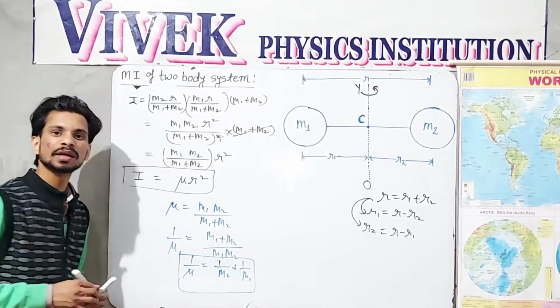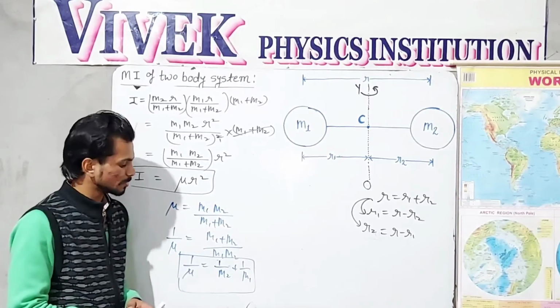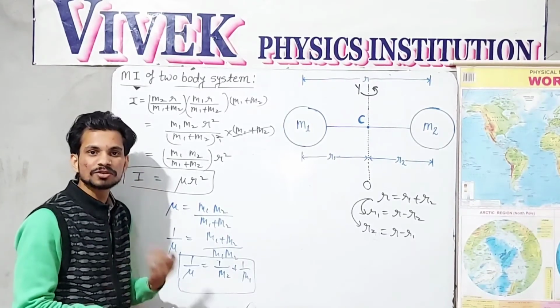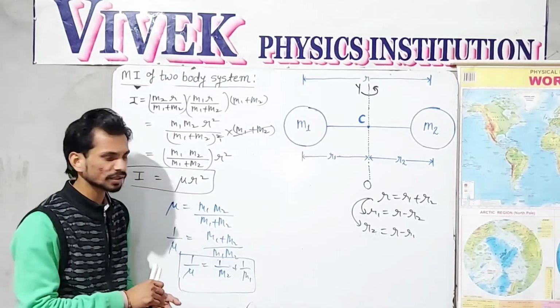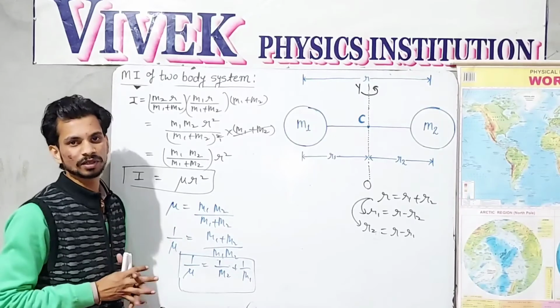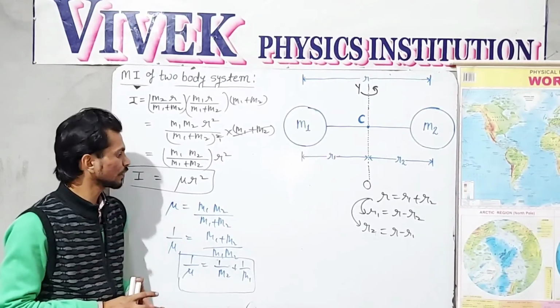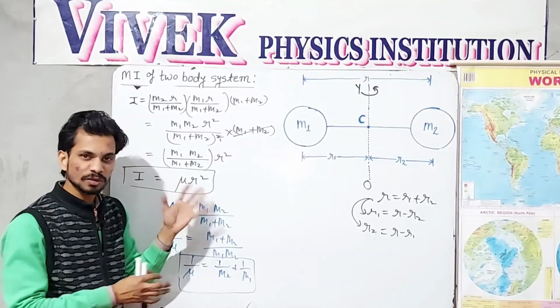You can check, it is similar to the series or parallel combination of resistances, or the series combination of capacitors in electronics and electrostatics. So this is our moment of inertia of a two-body system. What is the result of this formula?